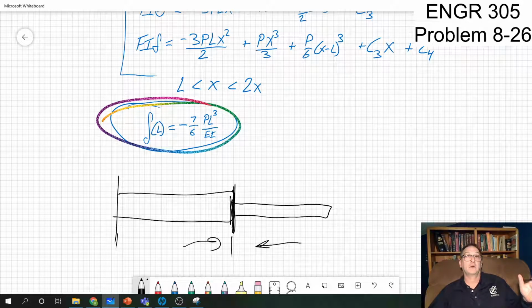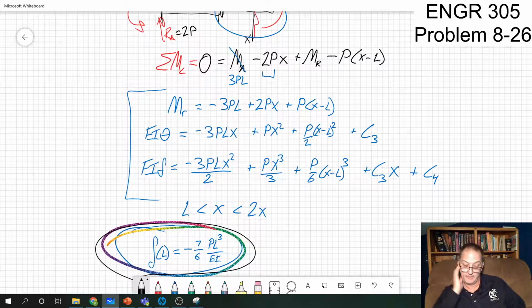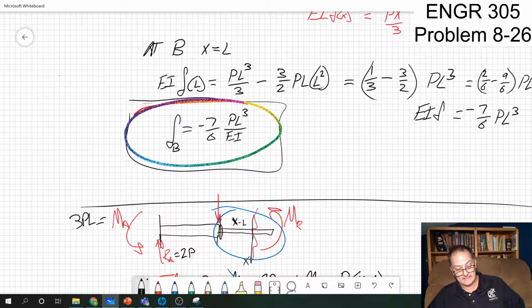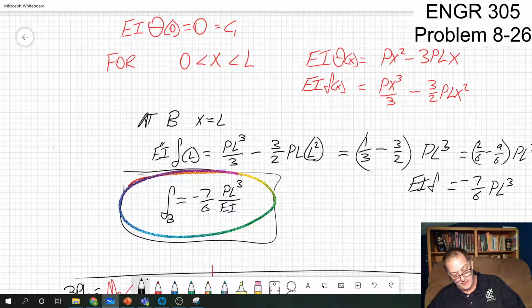There's my deflection. Now I want you to be careful about one thing. What I didn't do here is, when I put in I, that I is equal to 2I. So this should probably have a 2 there.